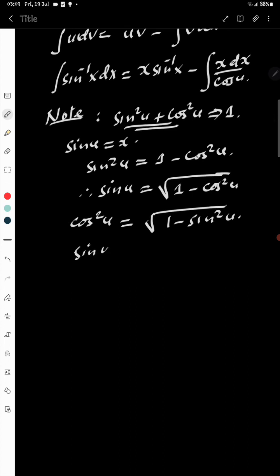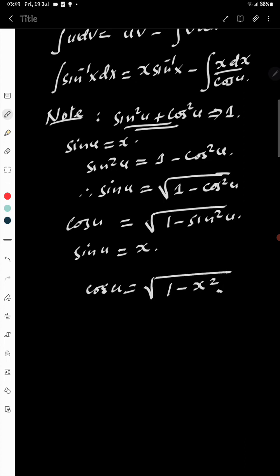Sine u has been given as x, therefore cos u is equal to root of 1 minus x squared.